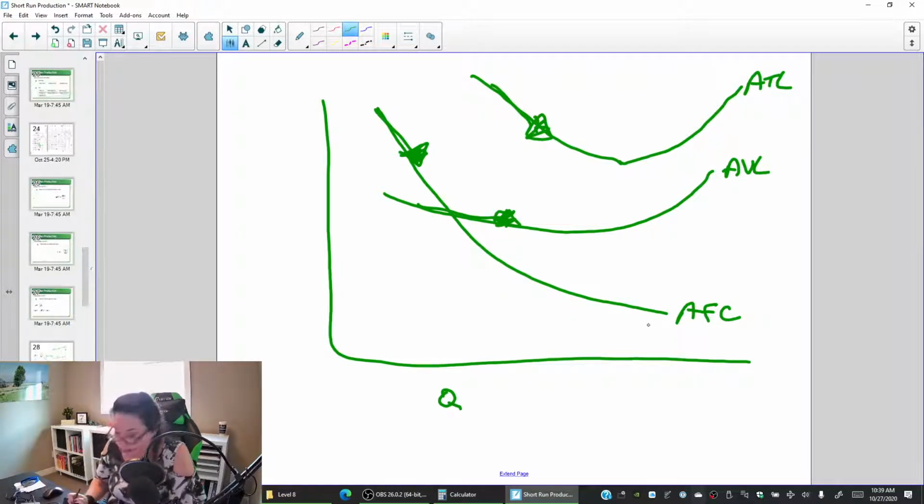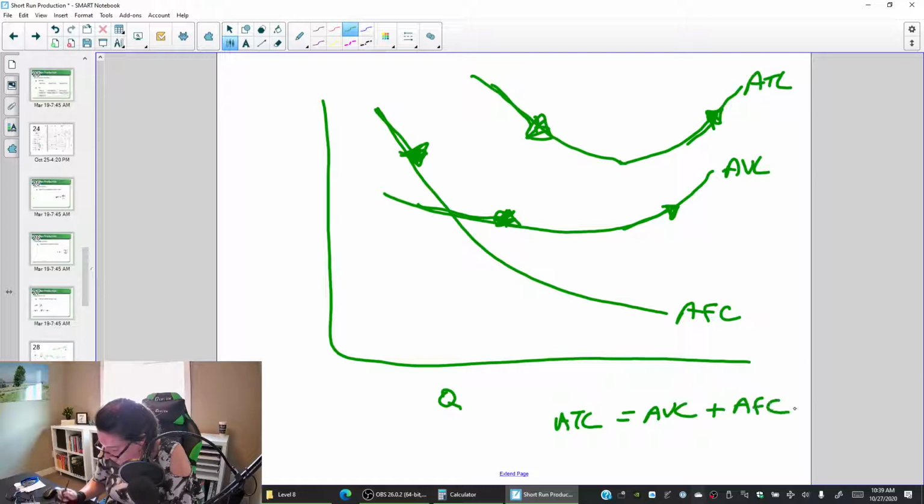Then average fixed cost gets really tiny and average variable cost takes over, so it pulls up the average total cost. So average total cost is being influenced by what's happening with fixed and variable.